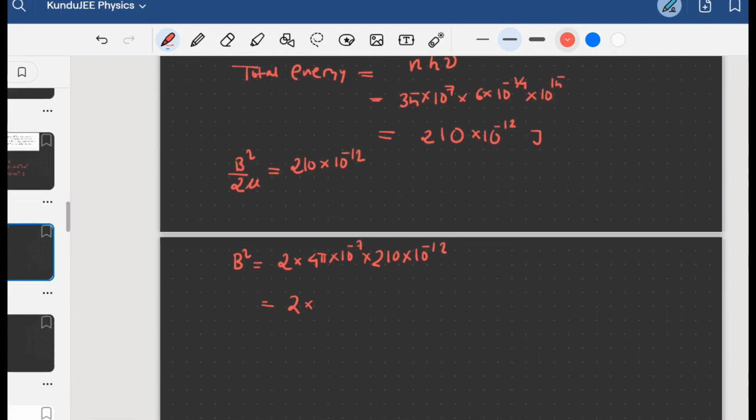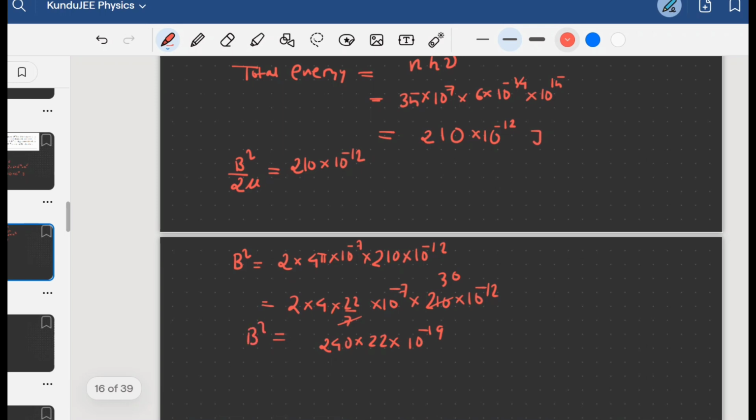So 2 into 4 into 22 by 7 into 10 to the power minus 7 into 210 into 10 to the power minus 12. So 240 into 22 into 10 to the power minus 19.